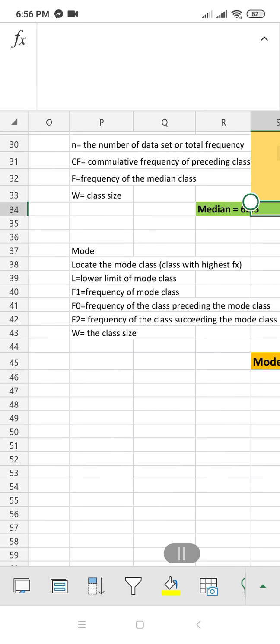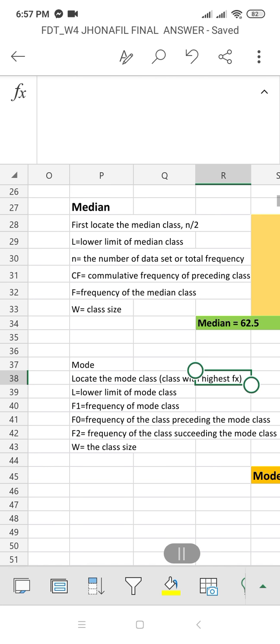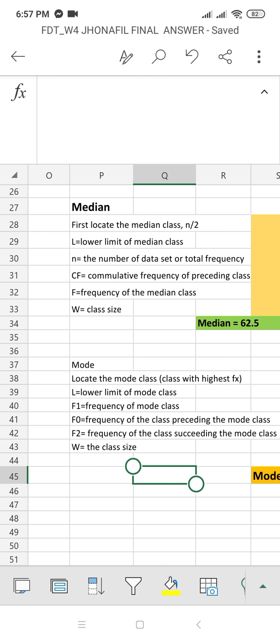Next is the mode. Locate the mode class, the class with the highest fx. Then the lower limit of the mode class, the frequency of the mode class, which is f1. Then f0, the frequency of the class preceding the mode class.